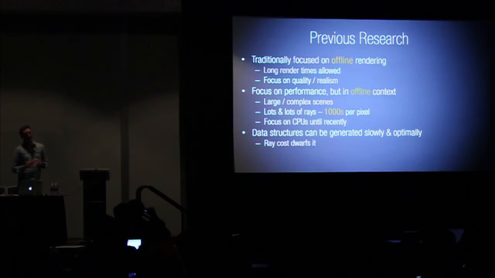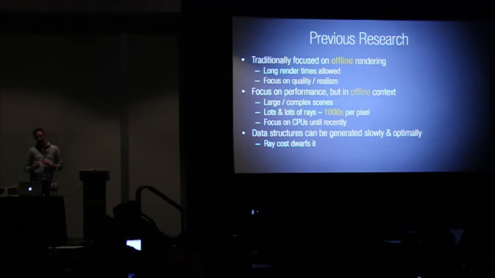A lot of the research in the ray tracing space has been focused on offline rendering. There's been an awful lot of work gone into optimizing ray tracing over the years, but most of it has been aimed at an offline rendering context or a production context and making that more efficient. And when you're dealing with that kind of world, you're dealing with very complicated scenes with an enormous number of rays.